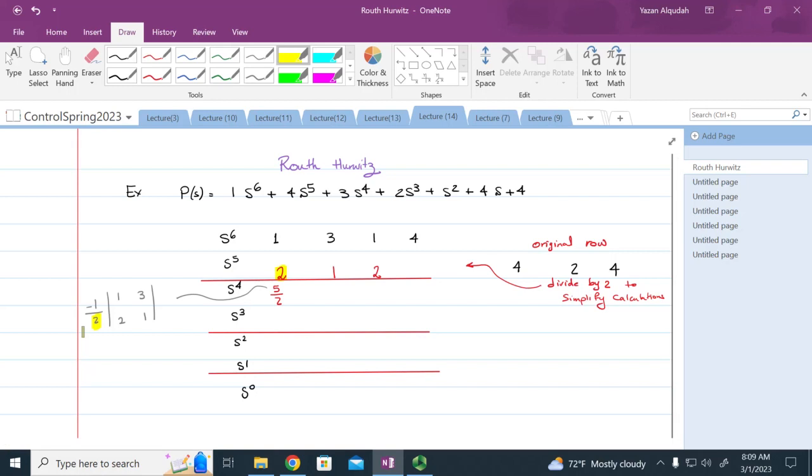What is it going to be? 0. Is that clear, everybody? What is the third element going to be? We can add a 0 here.